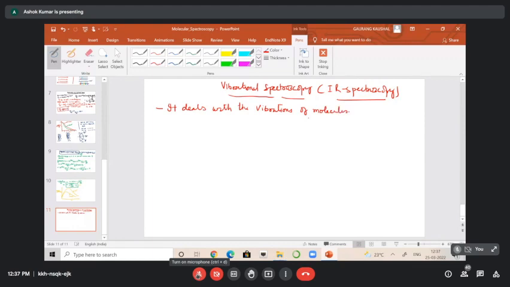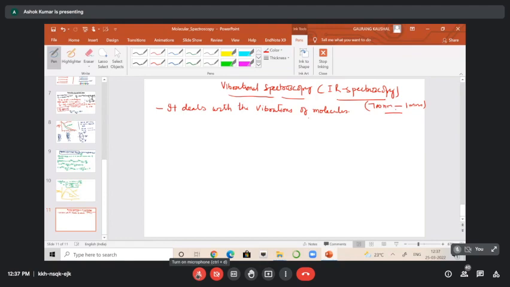Okay, now not only are these molecules rotating, but they are also vibrating. They can vibrate like a harmonic oscillator. That spectroscopy lies in the range of actually 700 nanometer up to 1 millimeter. This is the range of the spectroscopy.